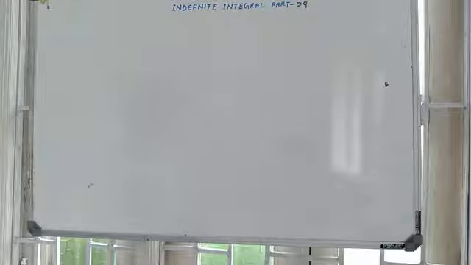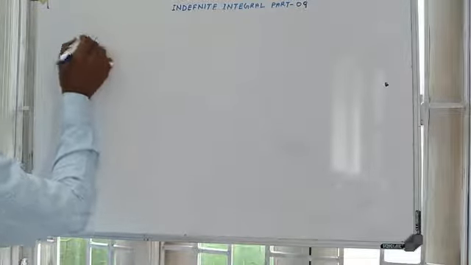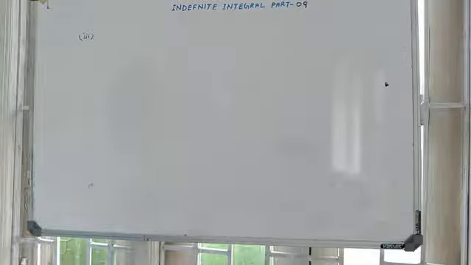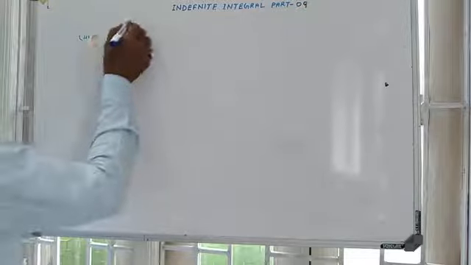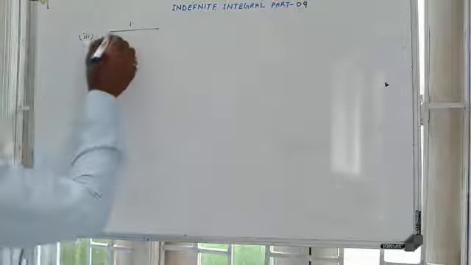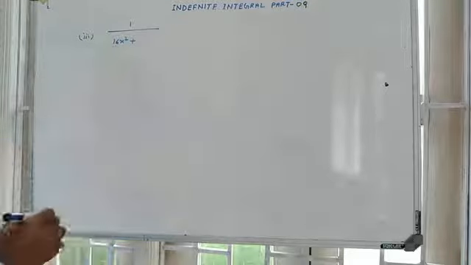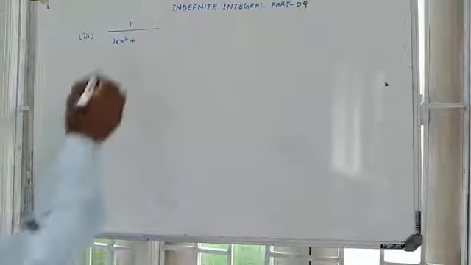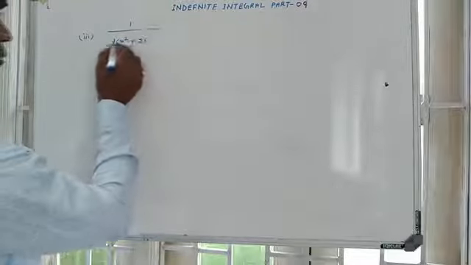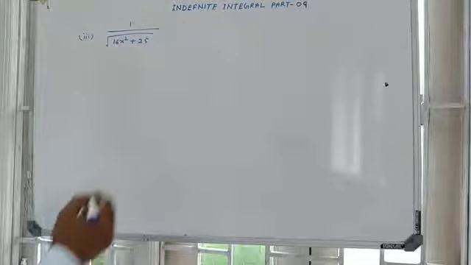Some more questions of this type. Third one is 1 by root over 16x square plus 25. This is nothing but 1 by root over a square plus x square.